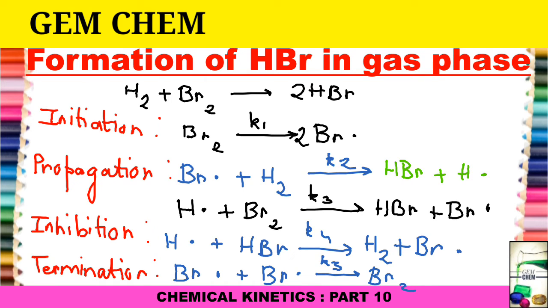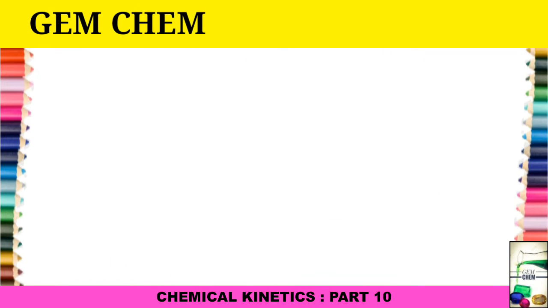Now we can find out the reactive intermediate. What is the reactive intermediate? It is Br dot and H dot, and we can apply the steady state approximation for them. So let us do that. First we have to find d[HBr]/dt. This was a method for finding out the reactive intermediates.